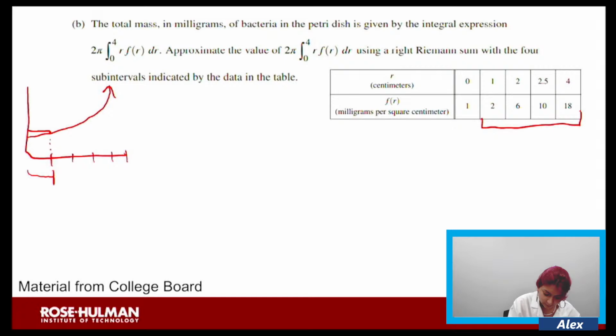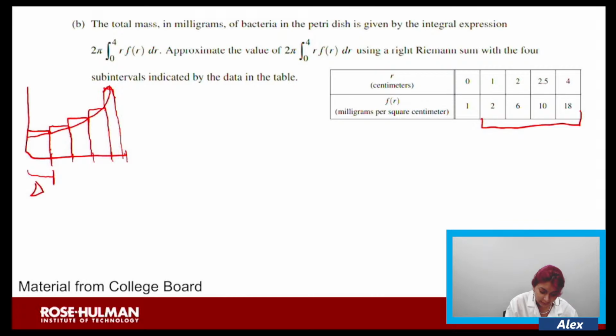So we would find the value there and do that for every single interval that we have. What this gives us is an approximation of the area under this graph by having different widths and lengths.